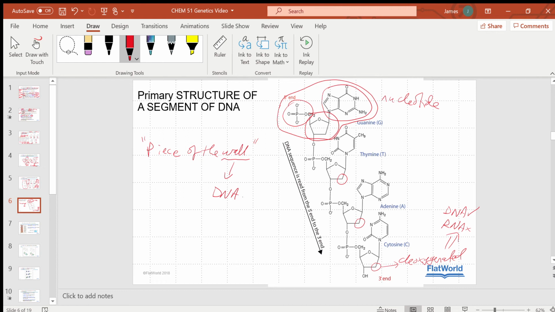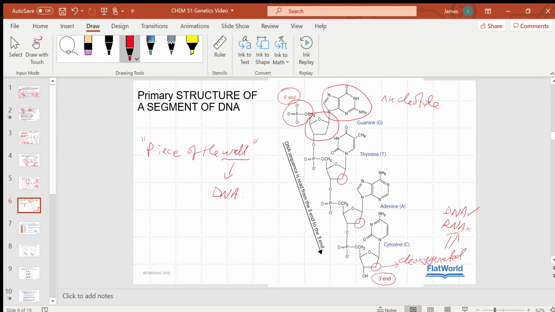And in this cartoon here, notice we have the 5' end and the 3' end. Let's clear this up. That's important.